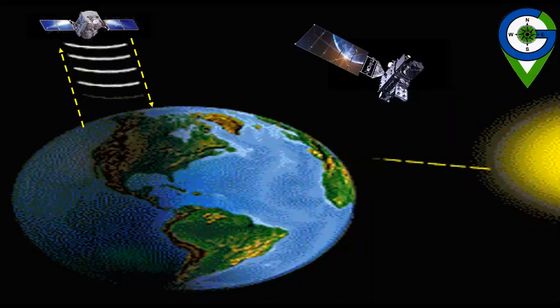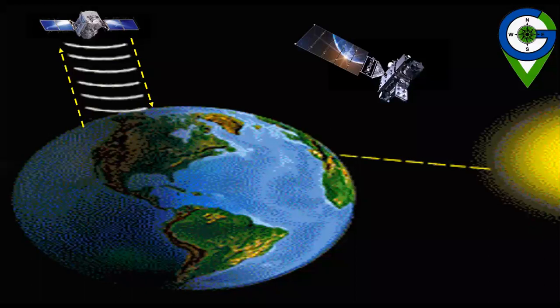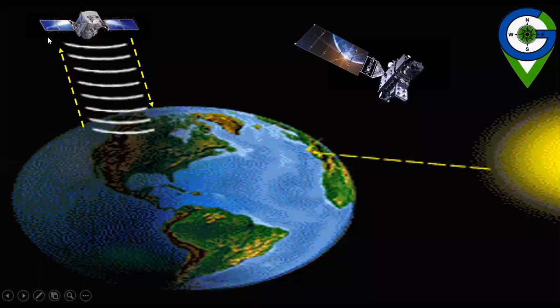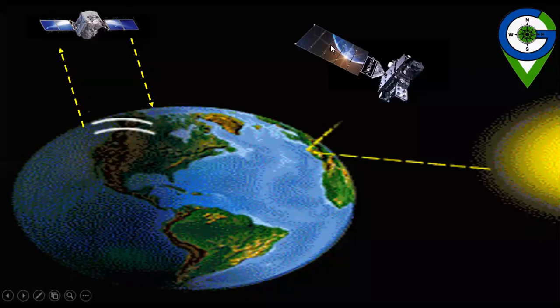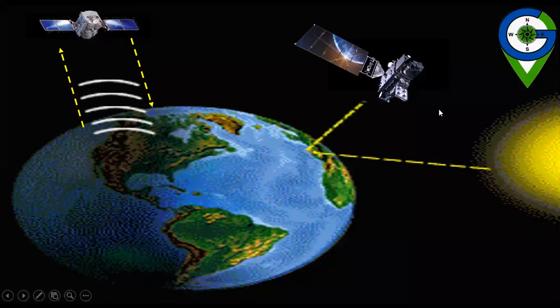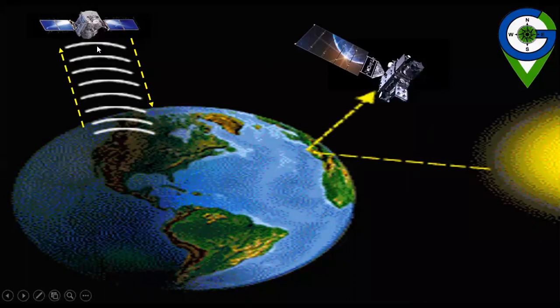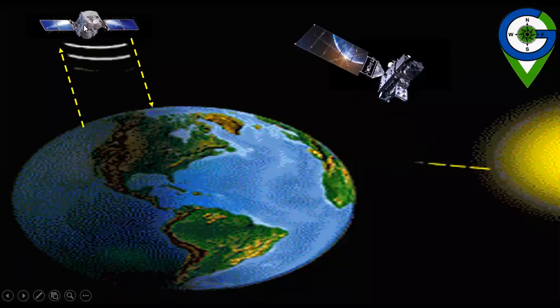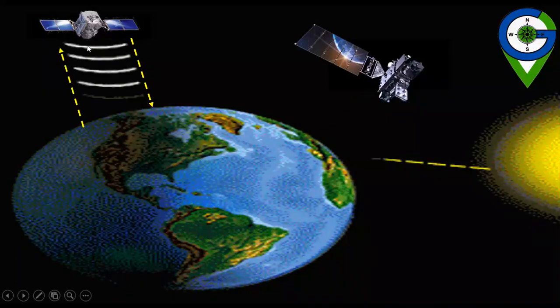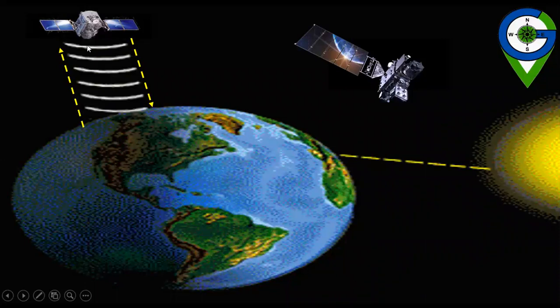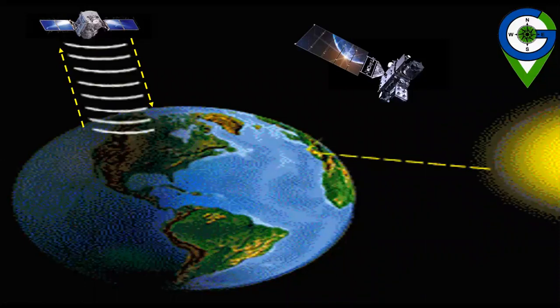So this is the example of active sensors, and this is the example of passive sensors. See, here the sensors are producing their own source of energy.